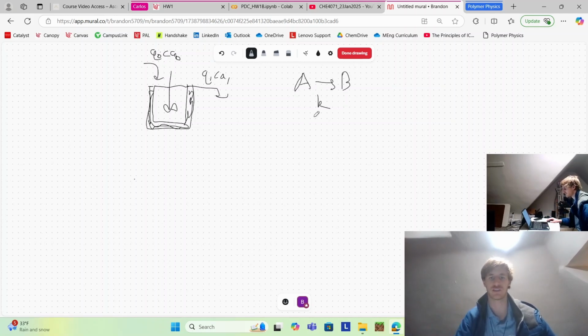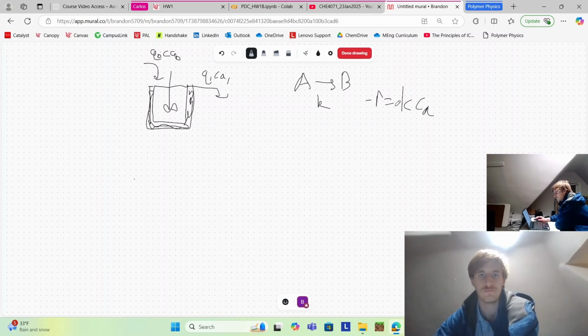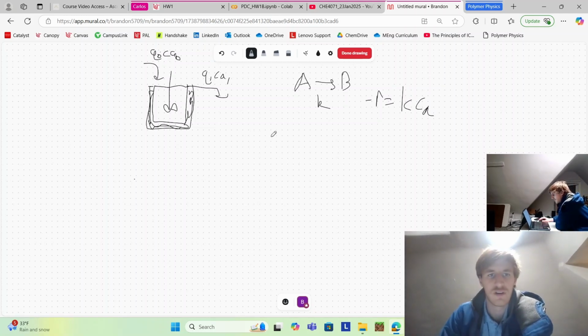But for now, we're just going to say K. And this will be a first order reaction. So R equals K CA. All right. This should be all of my initial stuff, I believe.